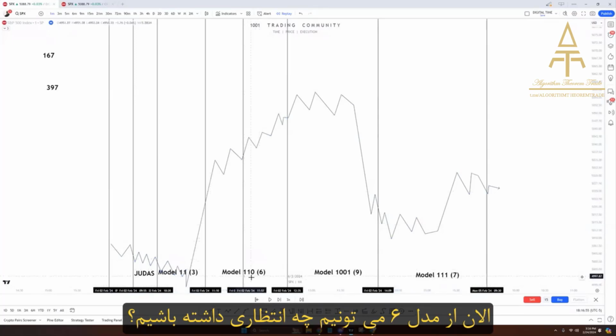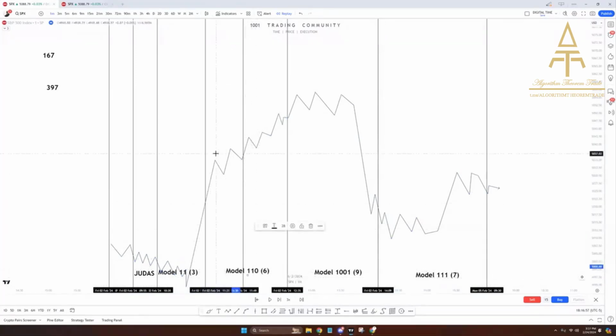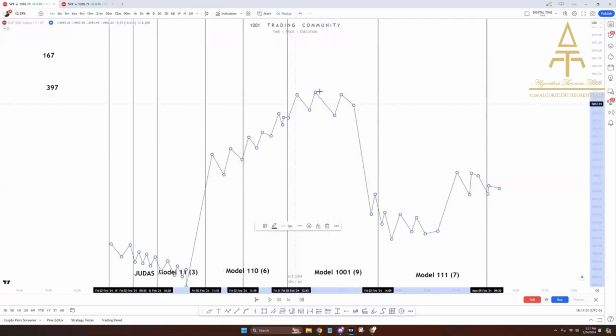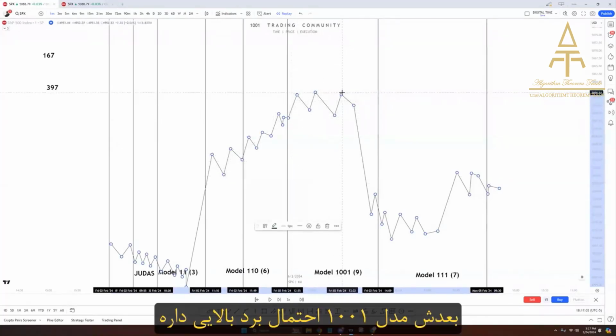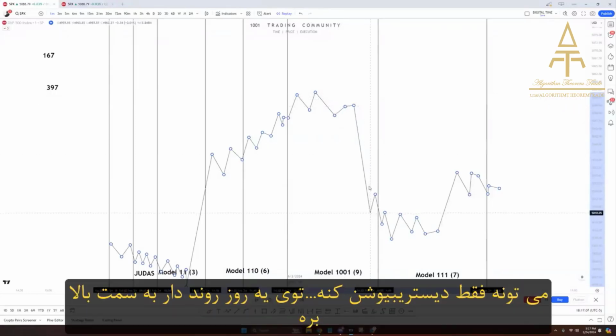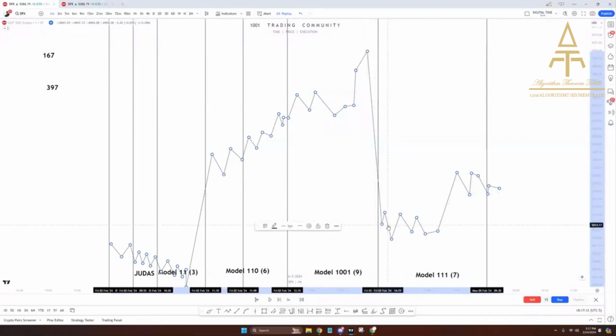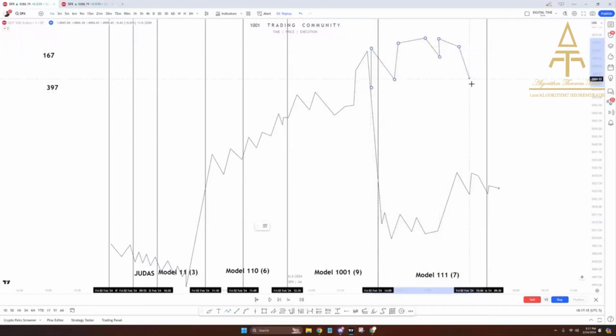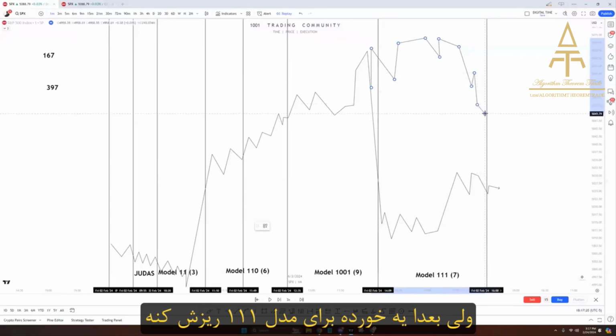What can you expect for Model 6 now? Continuation or time distortion. Then Model 1001 is high probability. It can also just distribute on a trend day towards the upside. So pretend this right here is up here, and it just continues with a drop later on for Model 111.